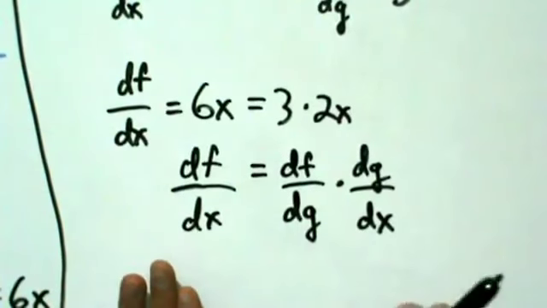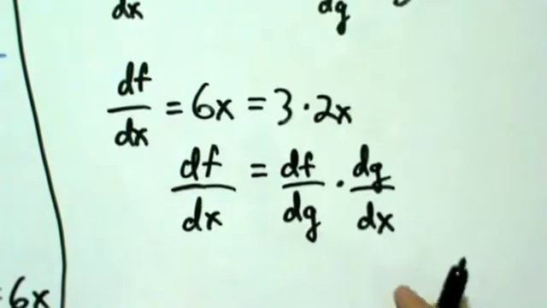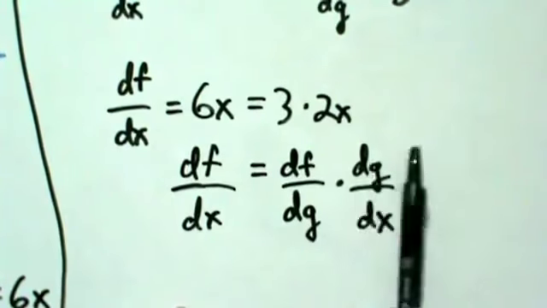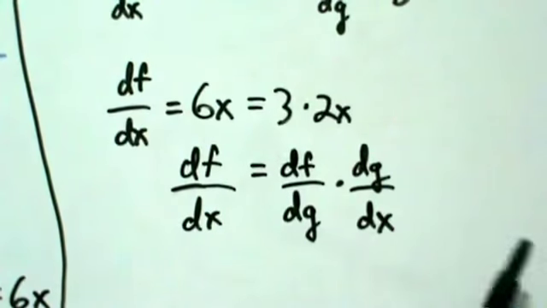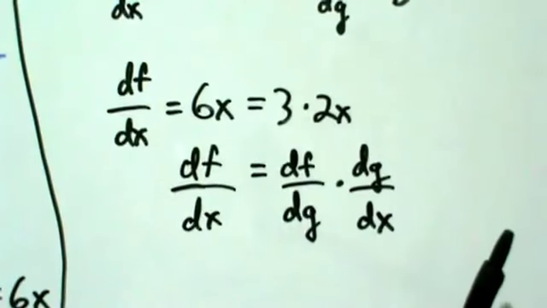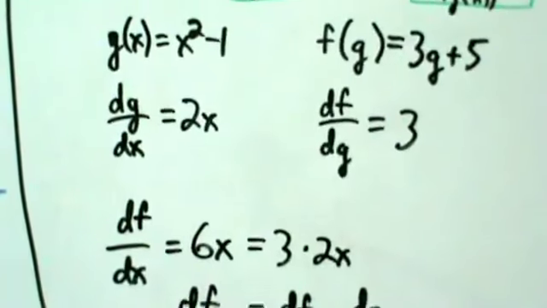So this notation works out pretty nicely, but it's also a little bit dangerous. You got to be very careful, because you might look at this and think, oh, okay, df dg times dg dx, well, I could just cancel the dg's, and I'm just left with df dx. Notationally, it looks like it does that, but that's not really what's happening, because if you think about it, nothing ever really canceled in this process here, right?